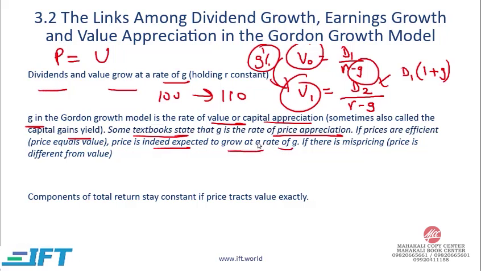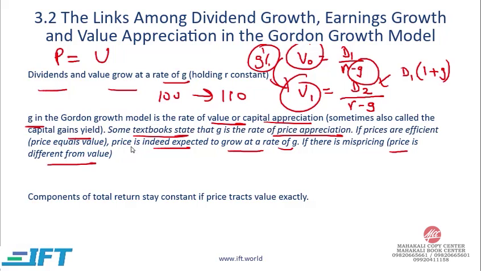Okay, so only in efficient markets. But if there is mispricing or we have inefficient markets, then the price is different from value. So then the change in price will depend on how quickly and whether the mispricing goes away. And this is something we saw in an earlier reading.